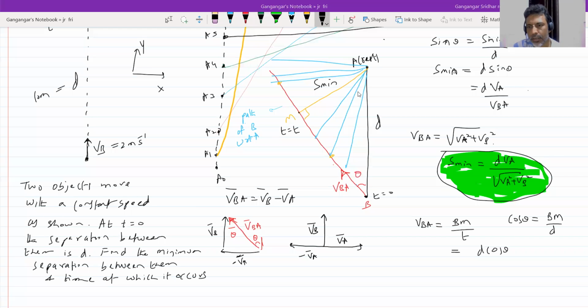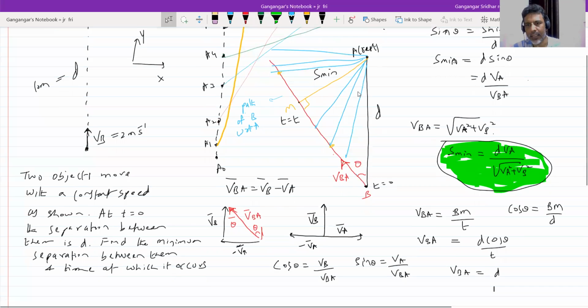So BM equal to, I'll substitute the value of BM. BM by, this is VBA value how much? Let me keep as it is. So what is cos theta? Again from vector triangle. What is cos theta? VB by VA. Sin theta is, substitute this, VBA.